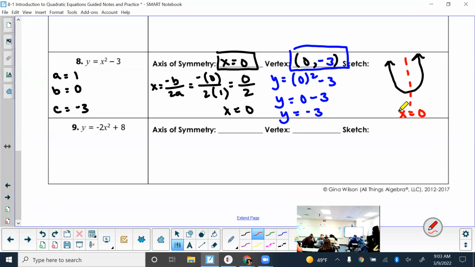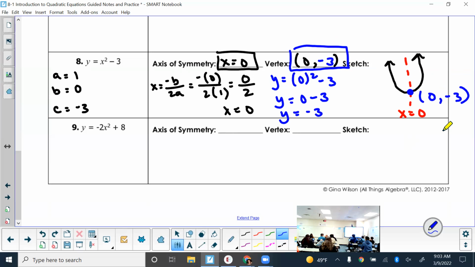Label it, x equals 0. And where would my vertex be? (0, -3), otherwise known as the highest or lowest point of your graph. In this one, it's the lowest point of my graph. All right, and so label it. Questions on this process? All right, and if it were me, I would verify my answers on Desmos.